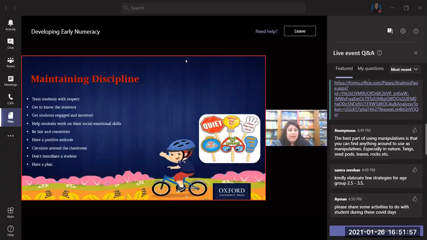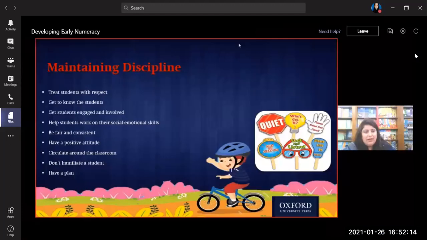Once they are friendly with us, once they feel comfortable, they would be able to actually talk to us about everything, and they would enjoy our sessions, and they would play games with us in a conducive environment. So we must engage them at all times.